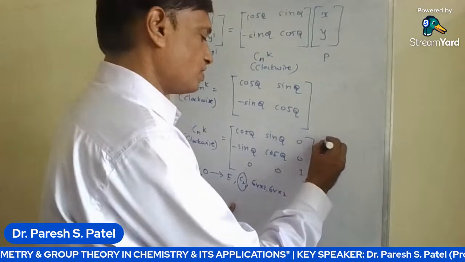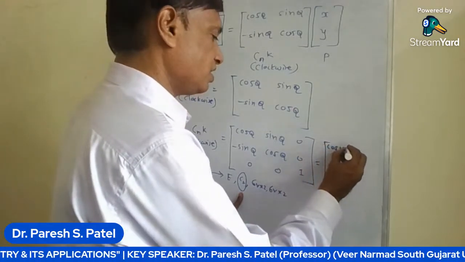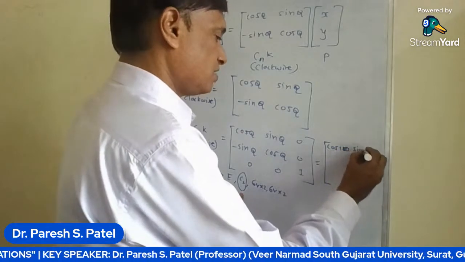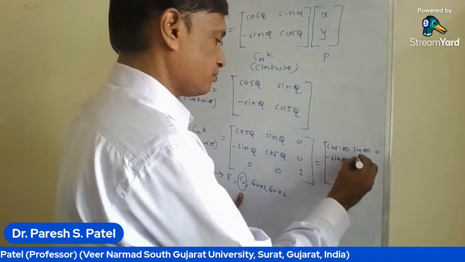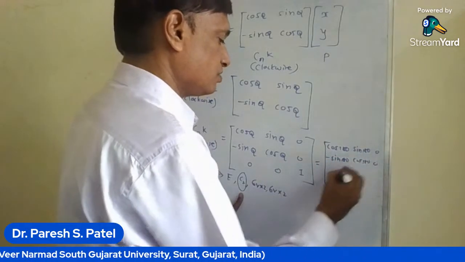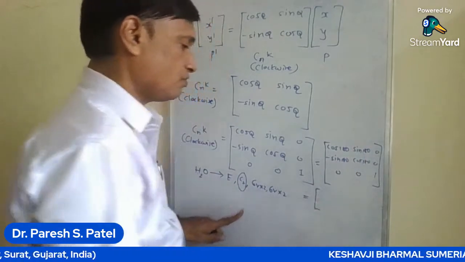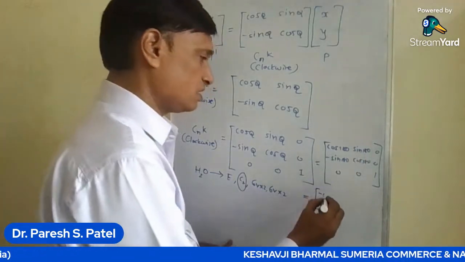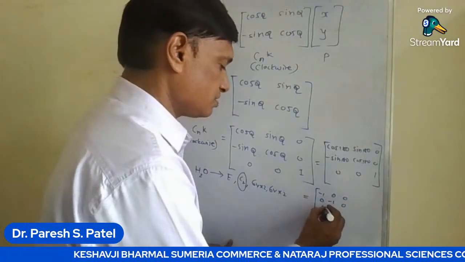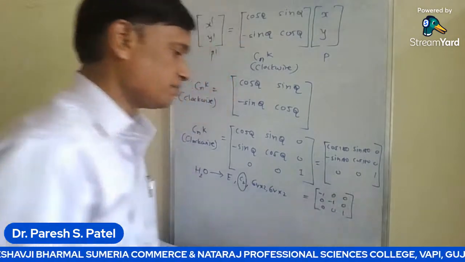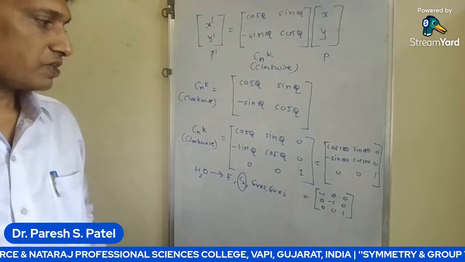If you go for the clockwise rotation, then put theta equal to 180: cos 180, sin 180, 0, minus sin 180, cos 180, 0, 0, 0, 1. So cos 180 is equal to minus 1, sin 180 is 0: minus 1, 0, 0, 0, minus 1, 0, 0, 0, 1. So this is the matrix representation for C2 for clockwise rotation.